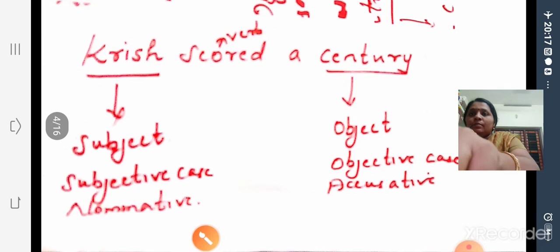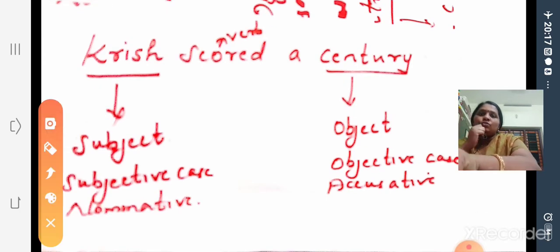Okay, one more example I'll show you. Krish scored a century. So here in this sentence also we can see two nouns, Krish and century, and the verb is scored. Okay, Krish is placed at the beginning of the sentence and before the verb. So who scored a century?